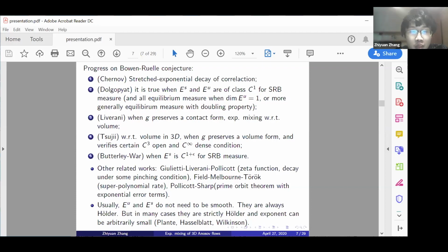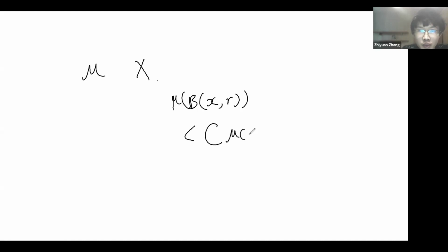By doubling property, we mean that if you have some measure mu on some space X, then mu(B(x,r)) is less than C mu(B(x,r/2)) for all x and r.